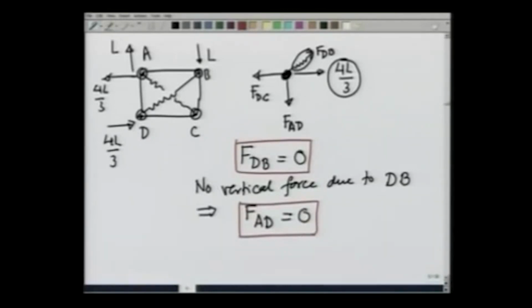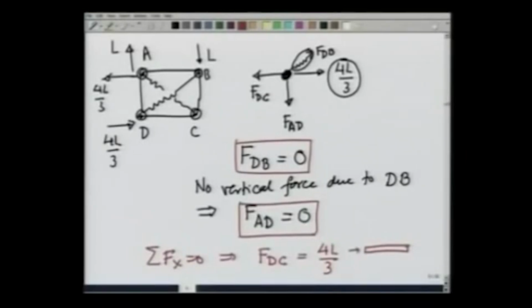Let us now consider the forces in the horizontal direction. Since F_DB is 0, summation Fx equals 0 gives me F_DC equals 4L by 3, and positive sign tells me that I have found the correct direction. Since the rod DC is pushing the point out, the rod DC is under compressive forces.